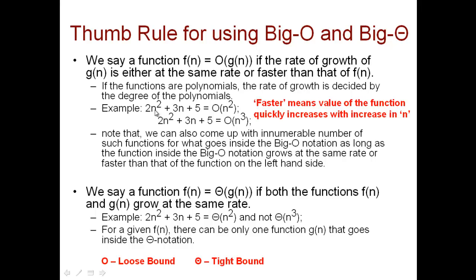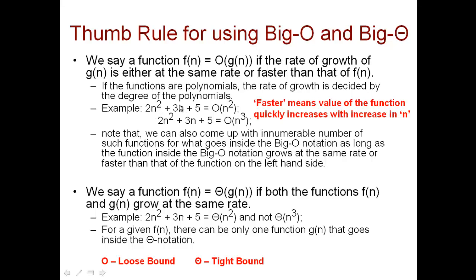As n grows to infinity, as n grows larger, even 3n becomes less dominant. 2n square is the most dominant function. So we'll retain the most dominating term in this function, which is 2n square.